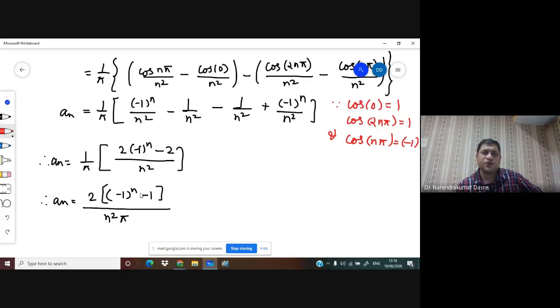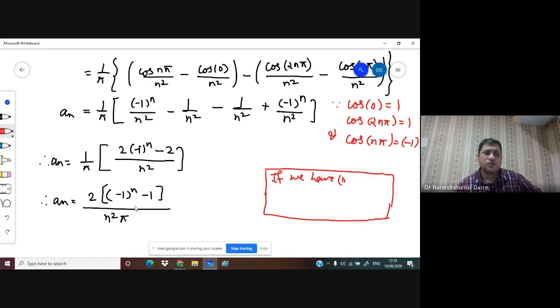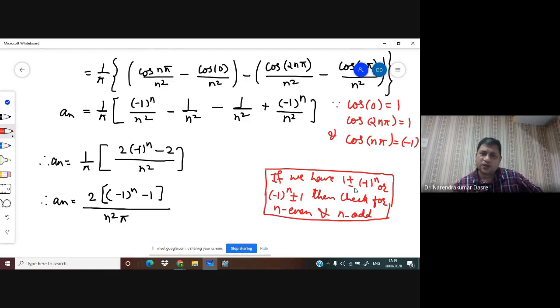Okay, so whenever you get these terms, if we have 1 plus or minus minus 1 raised to n, or minus 1 raised to n plus or minus 1, then check for n even and n odd. So when you get these terms, 1 plus or minus minus 1 raised to n, or minus 1 raised to n plus or minus 1, then we have to check what will happen if n is even and what will happen if n is odd.